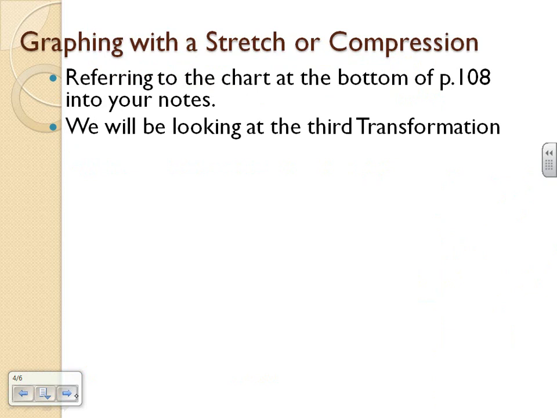Now let's look at graphing a stretch or compression. A stretch or compression comes from the number in front of the absolute value. We use the letter A to define it. This is what creates a different slope other than 1 over 1. If the A is greater than 1, it is a stretch.